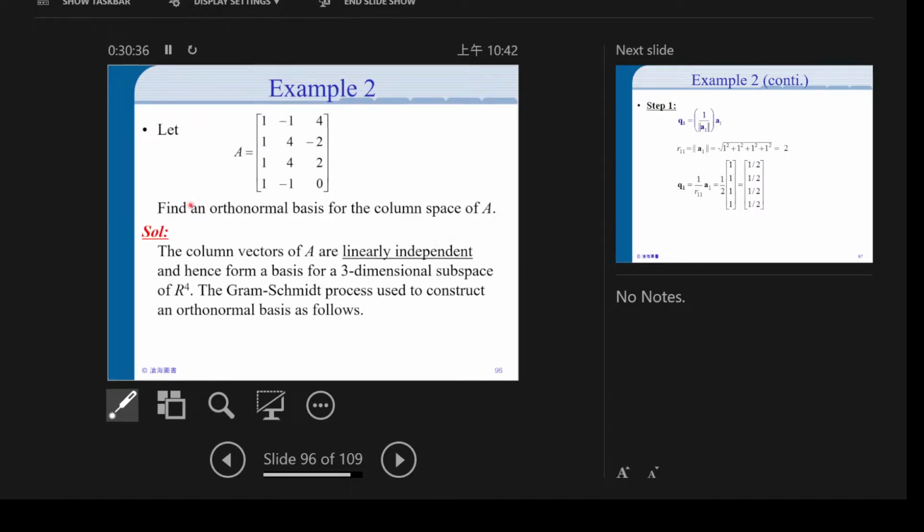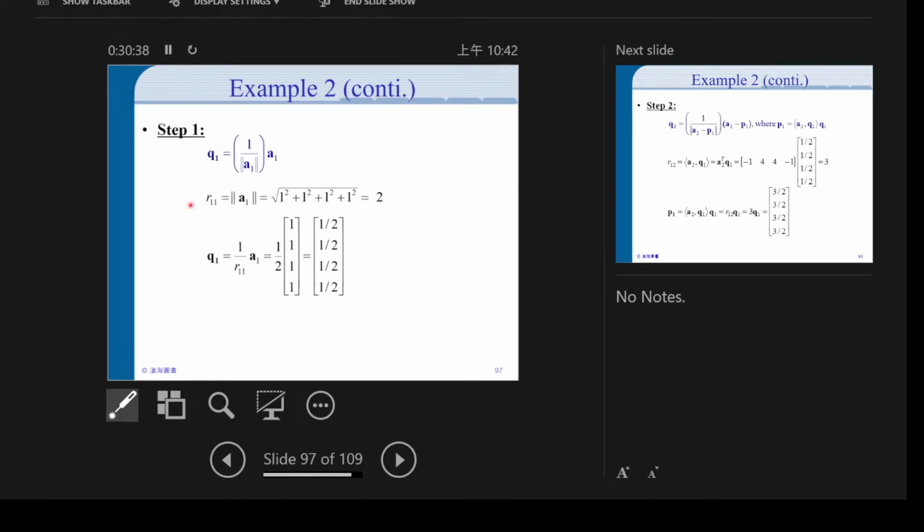There is a QR decomposition, and if you are interested you can look it up in the textbook. That's why this is called r11, because it's an element of some matrix, which comes from the QR decomposition that we skip.